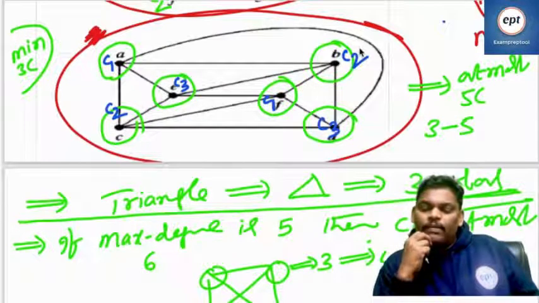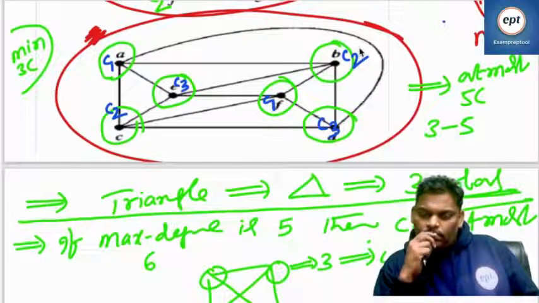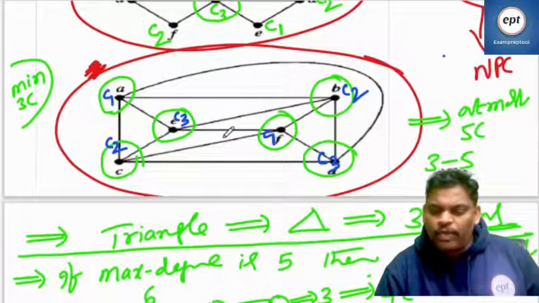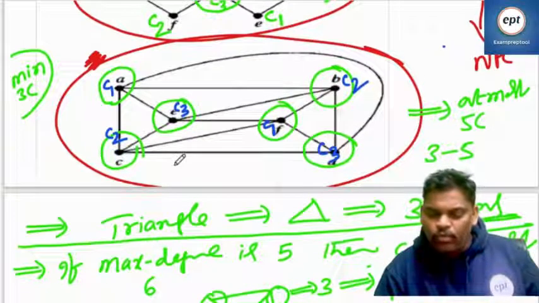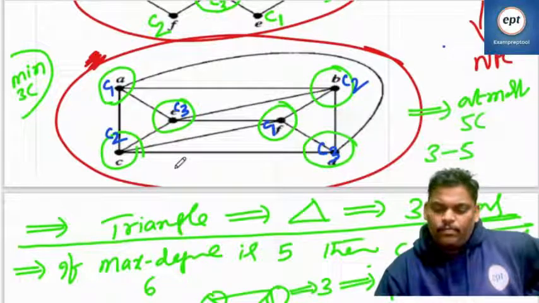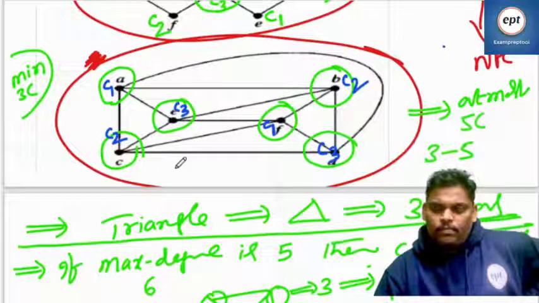If anyone says less than 3 possible, less than 3, no way. Move to next.